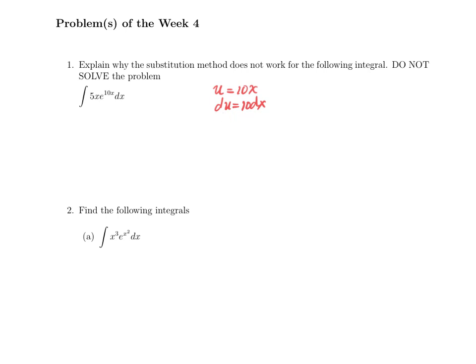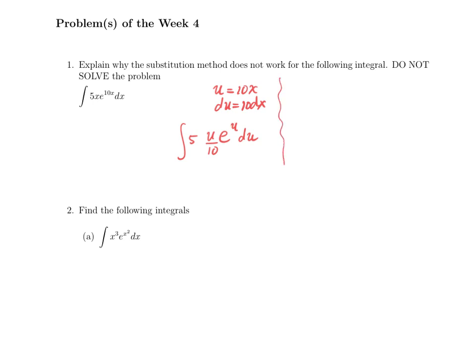Because if you substitute, you will end up with e to the u du, but you're still going to need the x, so the x will be like u over 10 times the 5, so you will end up in the same place, so this will not work.